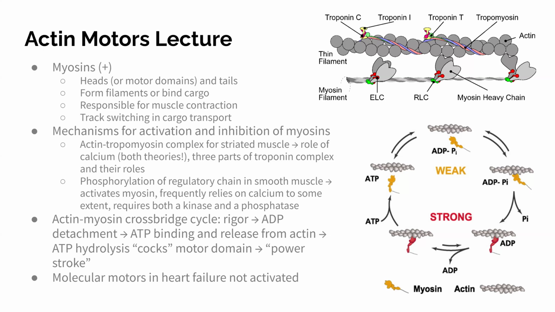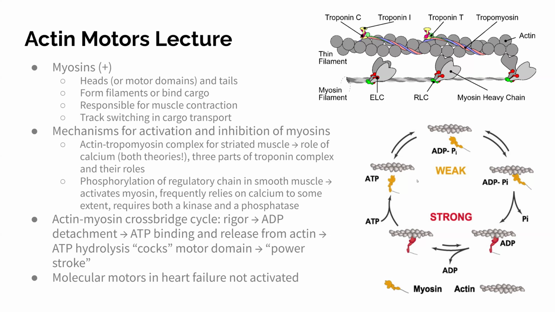We'll talk about this with the cross-bridge cycle, but because myosins are positive, it's pulling together two positive parts of the cytoskeleton. It's more about the association than it is about the actual movement in a direction.